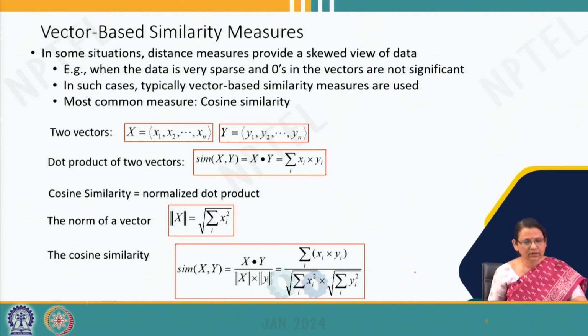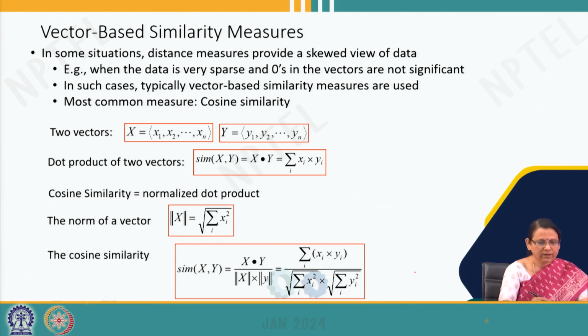The most common such vector based similarity measure is cosine similarity. Let there be two vectors, the first one x with n components, the second one y again with n components. If we take the dot product, then element wise we multiply. Now, what is cosine similarity? Cosine similarity is the normalized dot product.